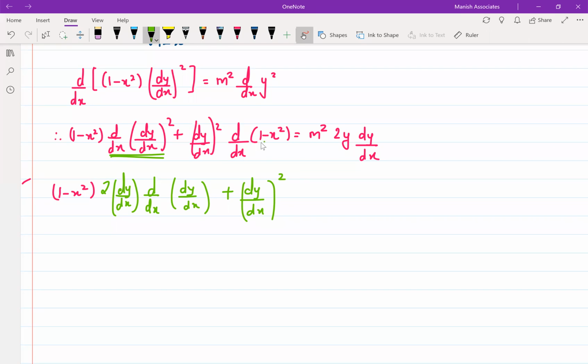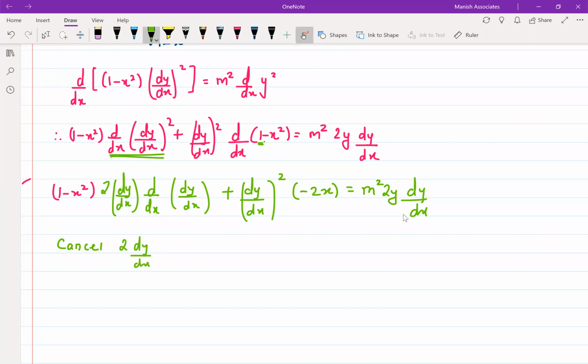Now, derivative of 1 is 0. Derivative of x square is 2x. So we get minus 2x equals m square 2y dy by dx. Okay. Now, if you carefully see in the problem, I can cancel throughout 2 dy by dx. Just observe carefully.